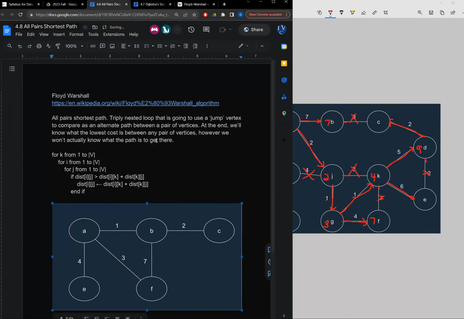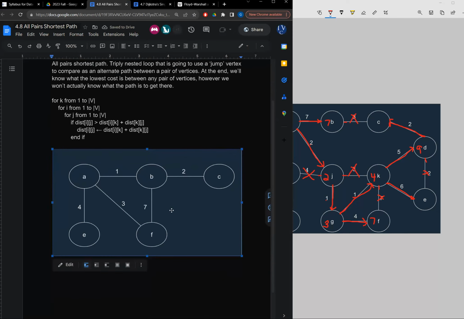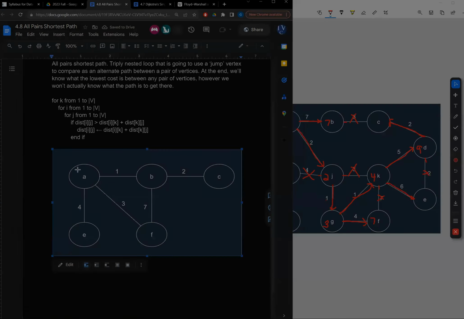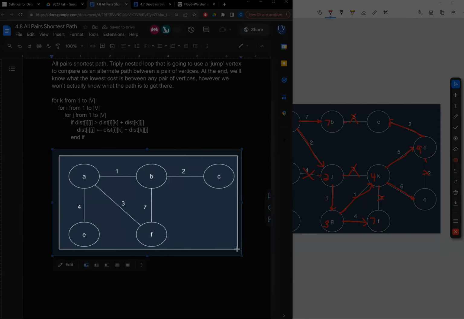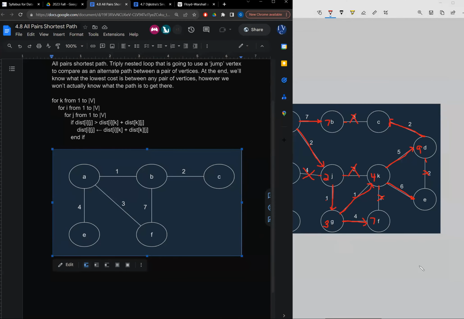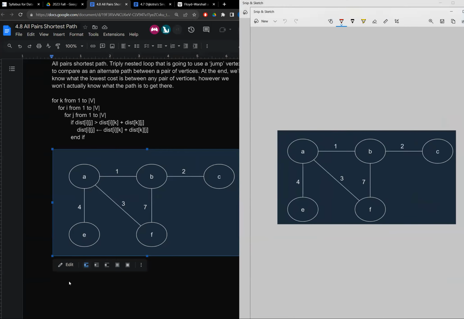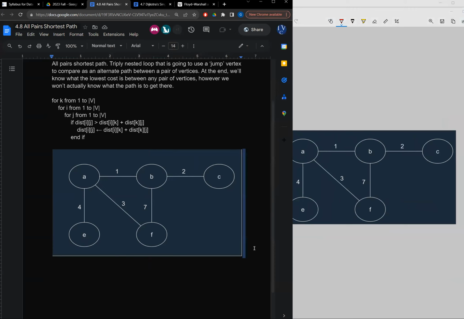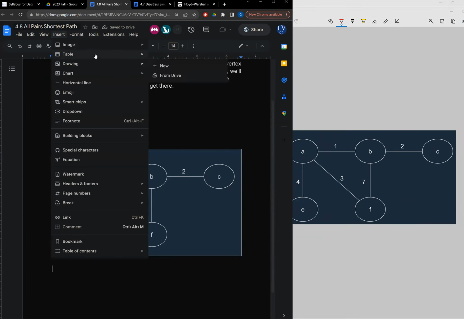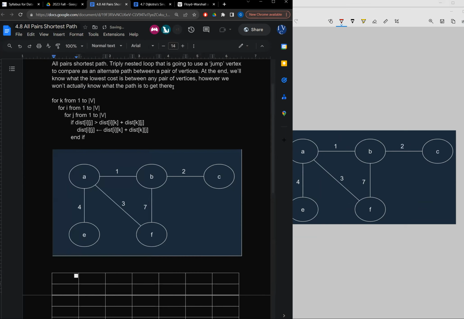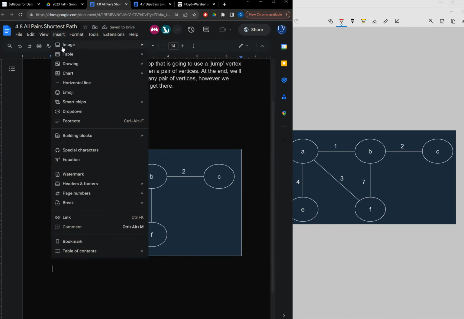All right. This one is going to require us to use the matrix for in-memory representation. Let me try that again.